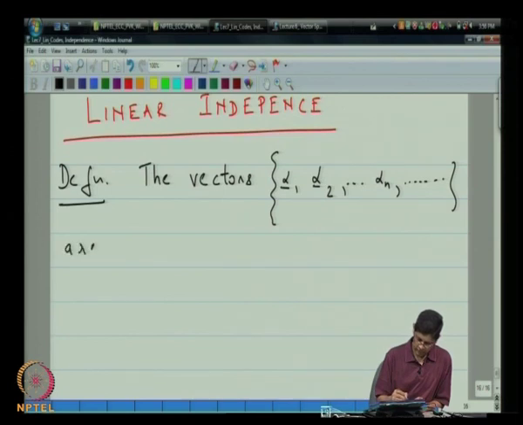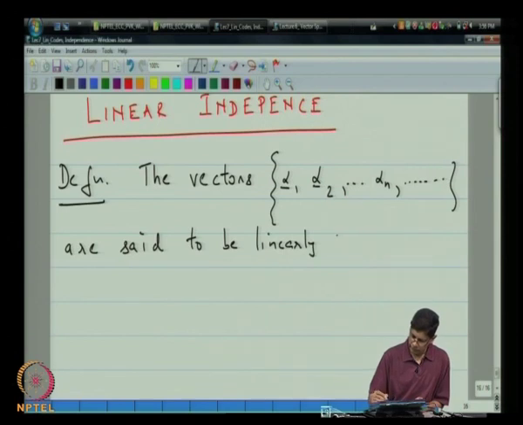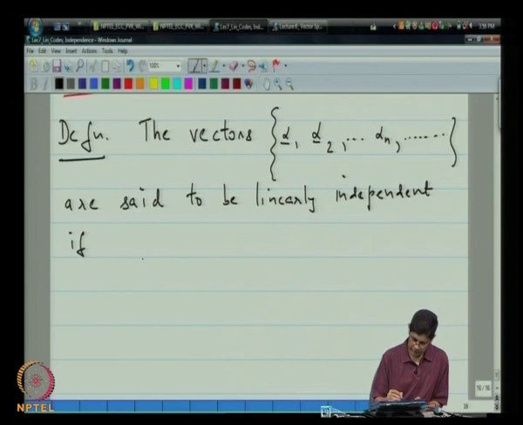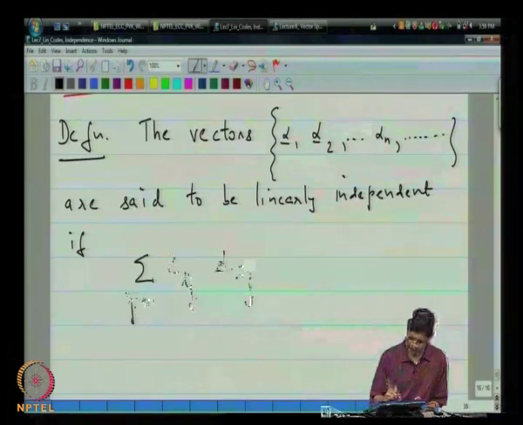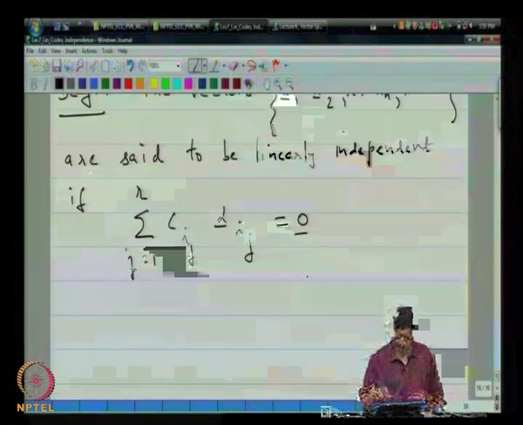Are said to be linearly independent if sigma C I j alpha I j, j equals 1 to r, is equal to 0 if and only if, C I j is equal to 0 for all j equals 1 to r.